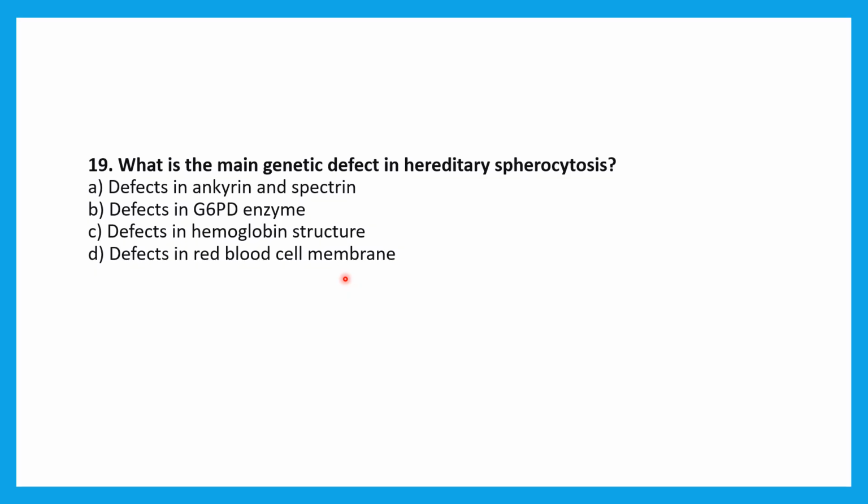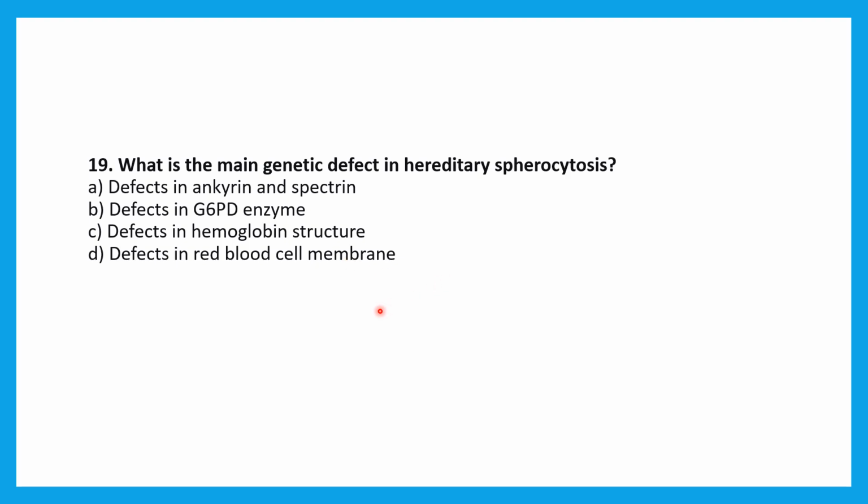But we need to understand the molecular defect as involving cytoskeletal proteins like ankyrin and spectrin. These proteins are very critical for maintaining the biconcave shape of the red cell that we talk about every day.